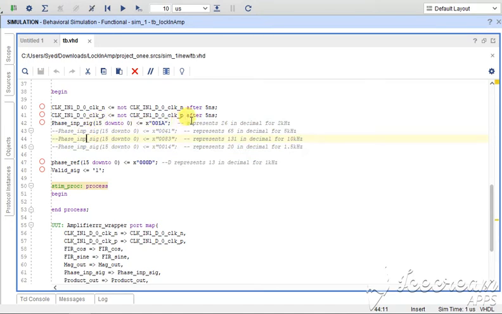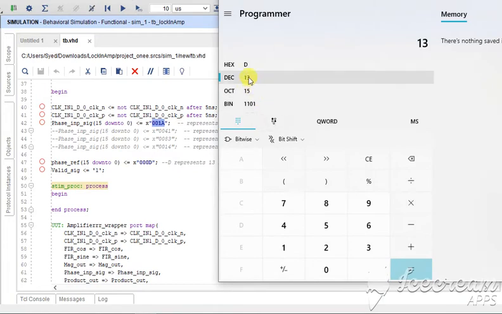Now if you want your input signal to be 2 kilohertz, then you have to assign a hexadecimal value of 1a. How is this 1a calculated? As we know, for 2 kilohertz we get the decimal value of 26, that equates to the binary value of this.